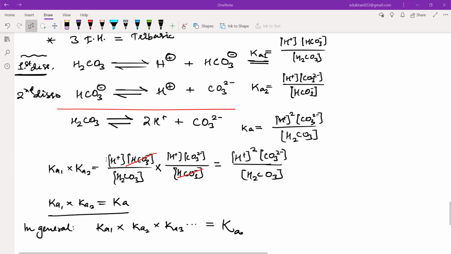Okay. Now, think about which of the dissociations will be easier, the first or the second one? Which will be easier?